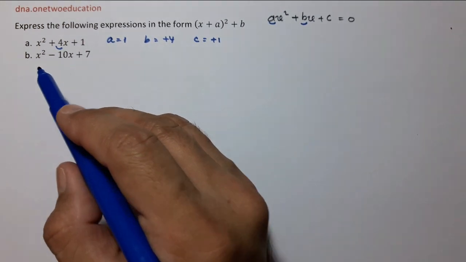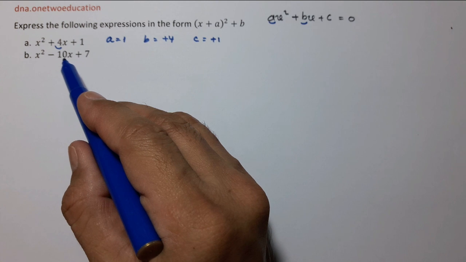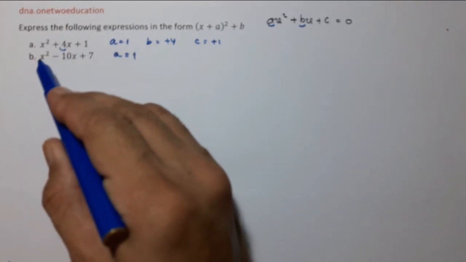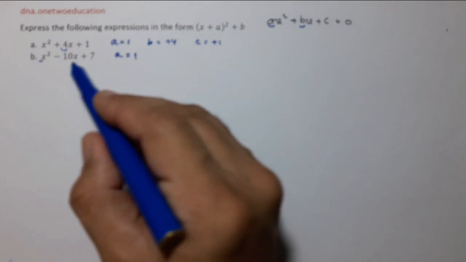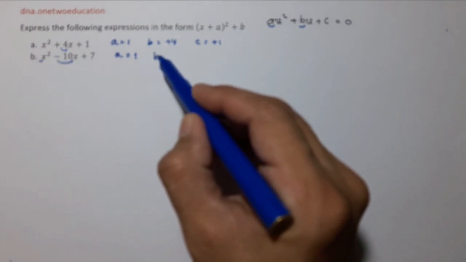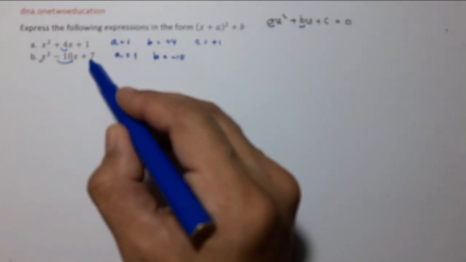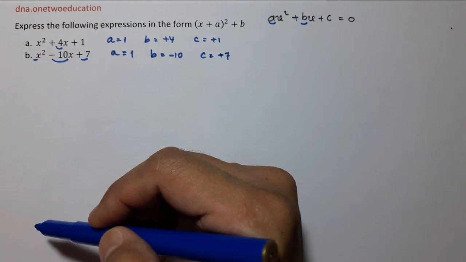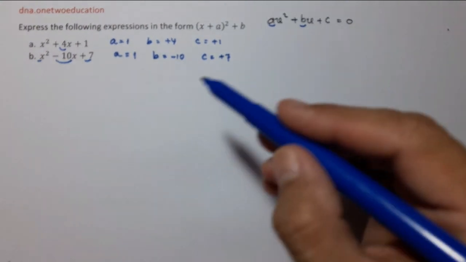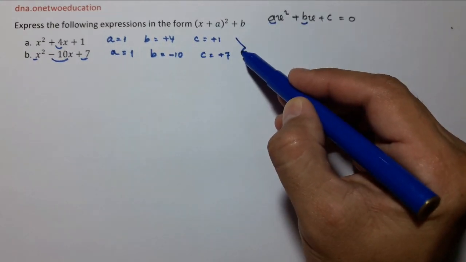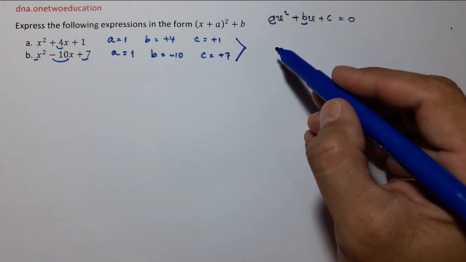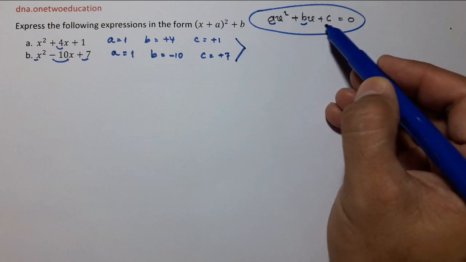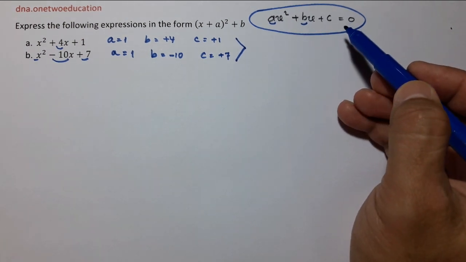Now 1b, x squared minus 10x plus 7, so a equals 1, that's the hidden number. b is minus 10, and c is positive 7, this one, right? Okay, that's very clear. So the general expression of the quadratic equation is ax squared plus bx plus c equals 0.